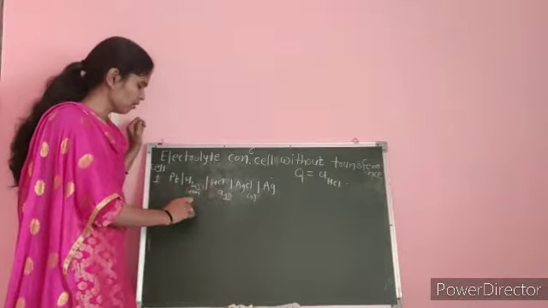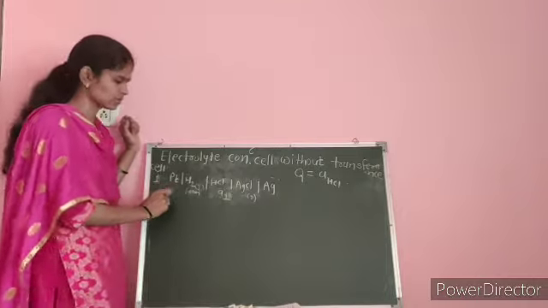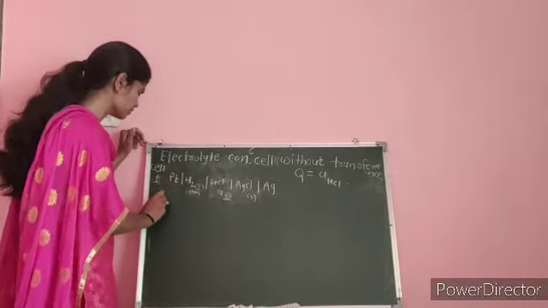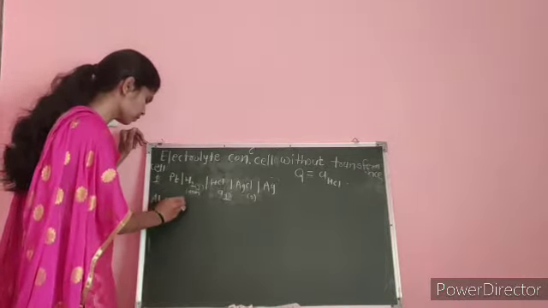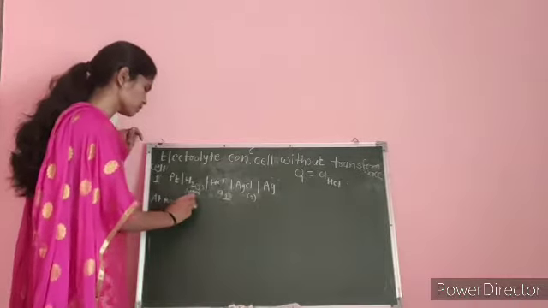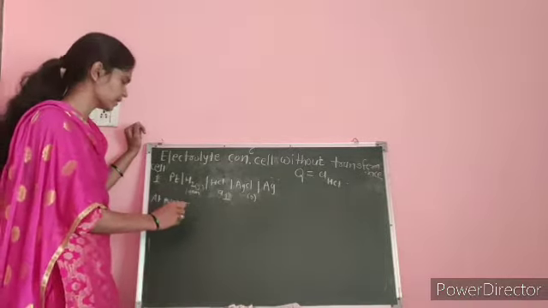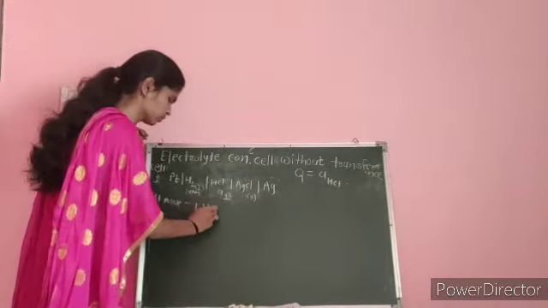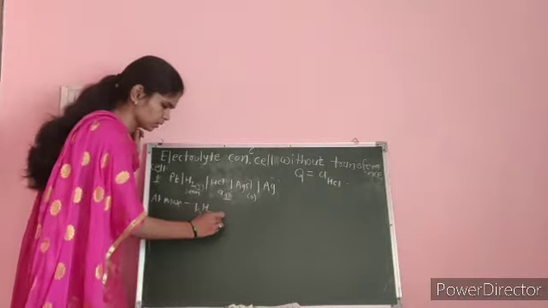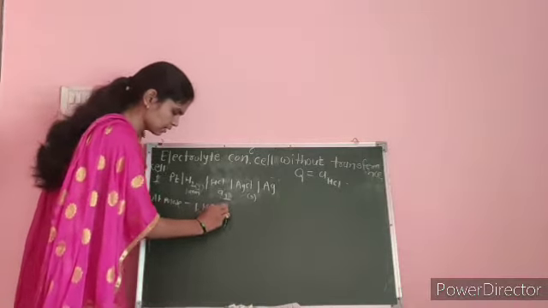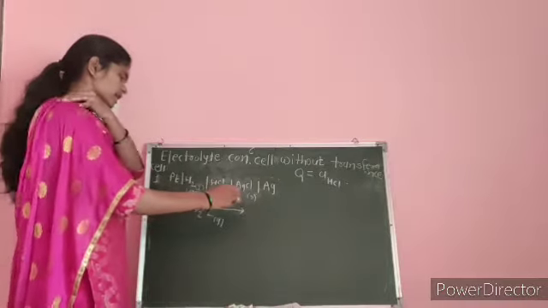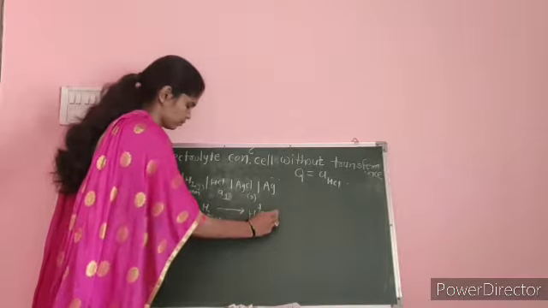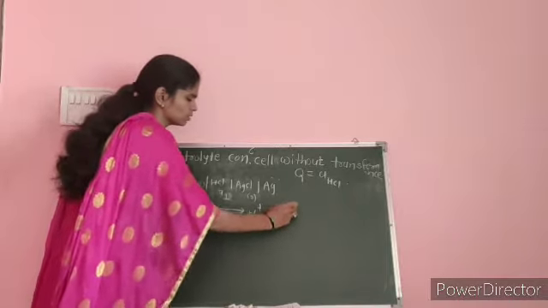First, we discuss the cell reaction for the first cell. At the anode, oxidation takes place. Oxidation means loss of electron. Therefore, the reaction is 1/2 H2 gas gives H plus ions in aqueous solution plus 1 electron.